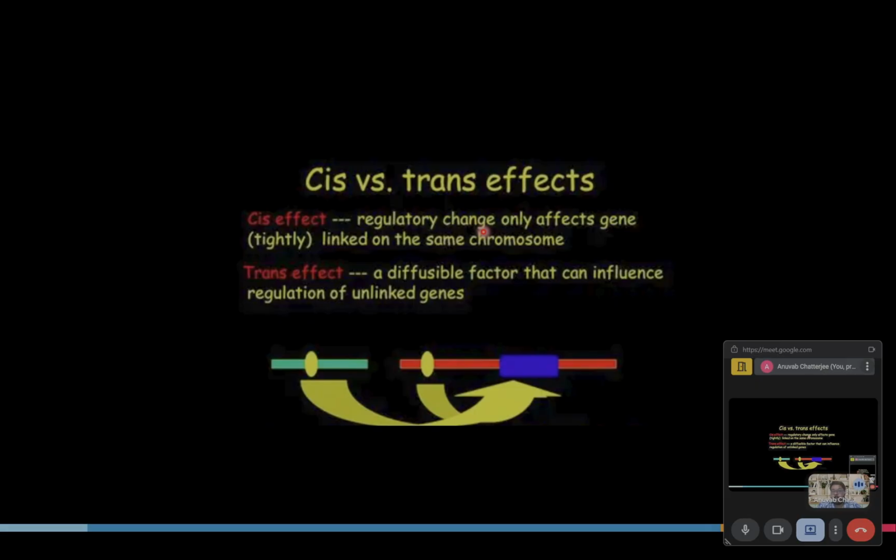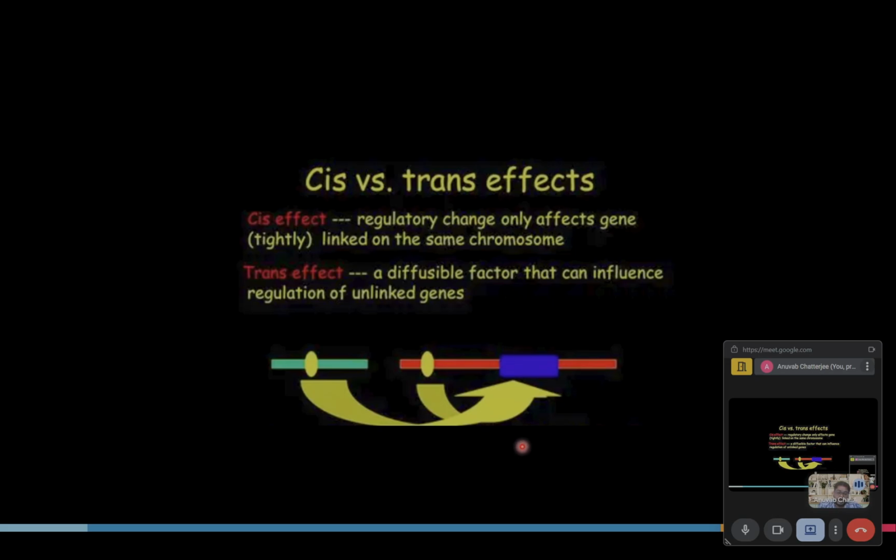So DNA elements present on the same chromosome linked closely with the gene and has effects on the gene, whereas trans regulatory elements are diffusible factors which are not present on the same chromosome, are coming from somewhere else, and not linked directly to the gene, but they diffuse to the gene and do their function and regulate the gene.